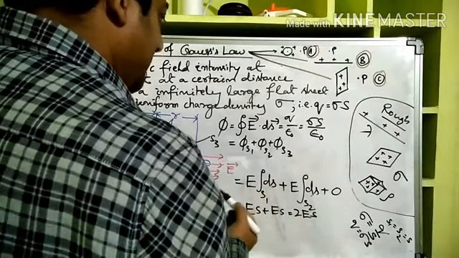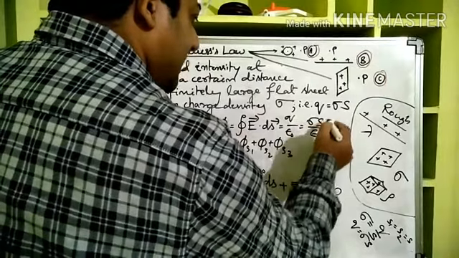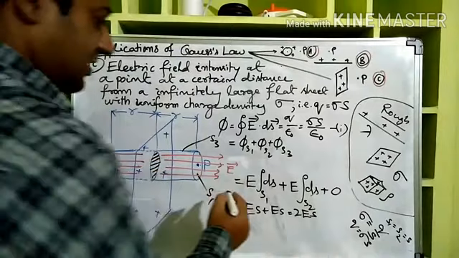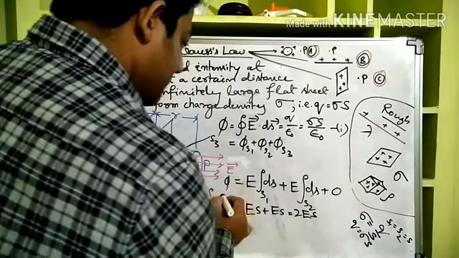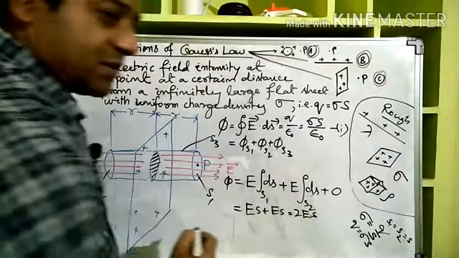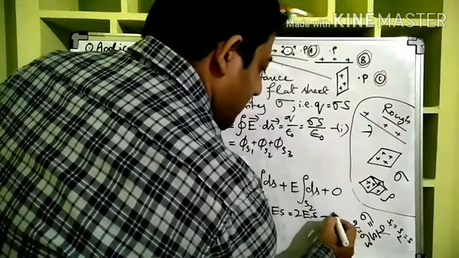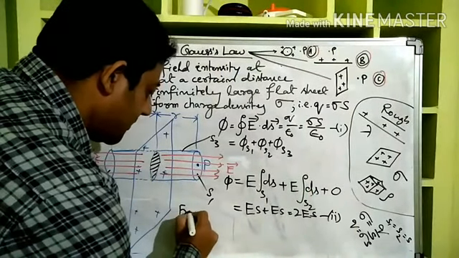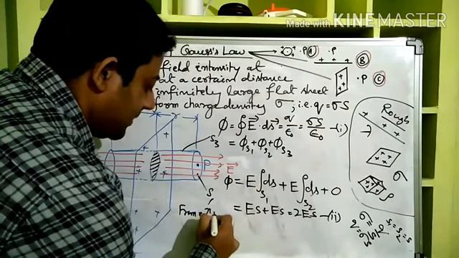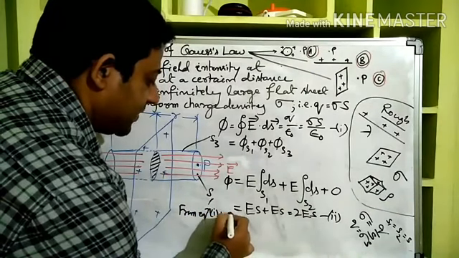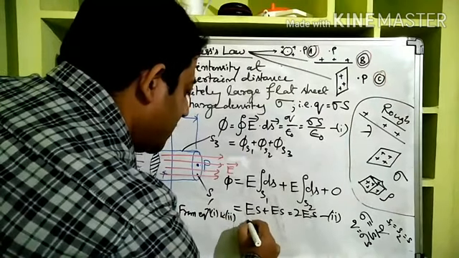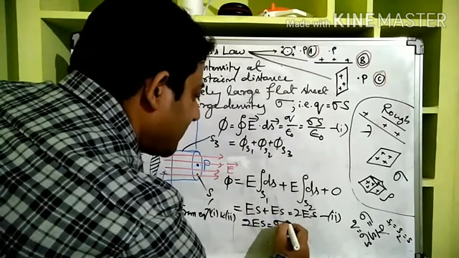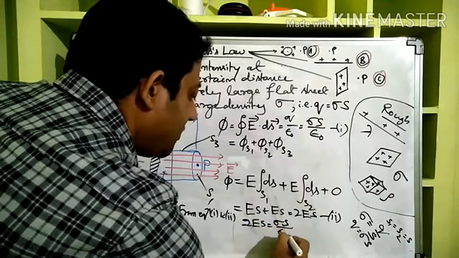Now again, this phi is equal to sigma S by epsilon naught. This we got from application of Gauss law, and the other phi we got from just mathematical derivation. Now from equation 1 and 2, what can we say? 2ES is equal to sigma S by epsilon naught.